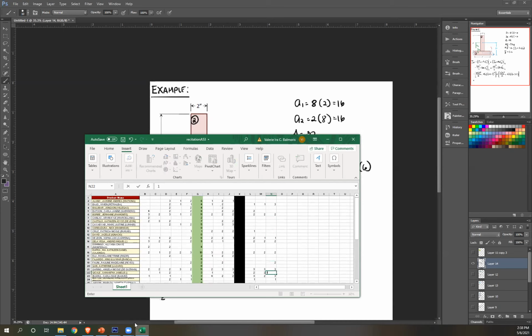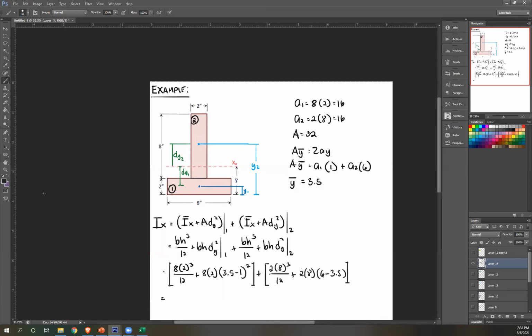Okay, 290.67. Unit, inches, so inch raised to 4. So that's our answer, and that is number 3. Any questions for number 3? Please answer in the chat.